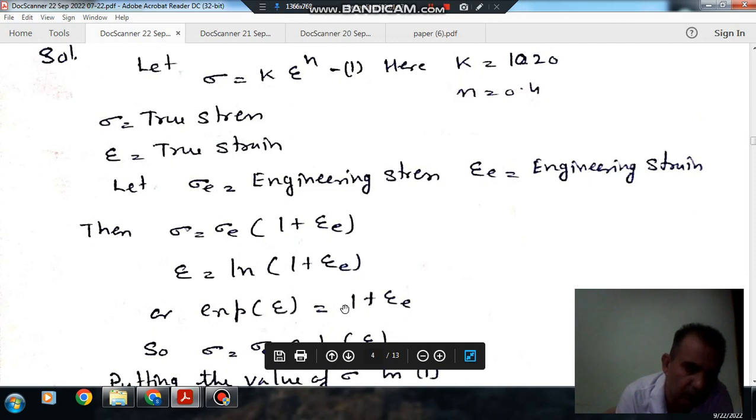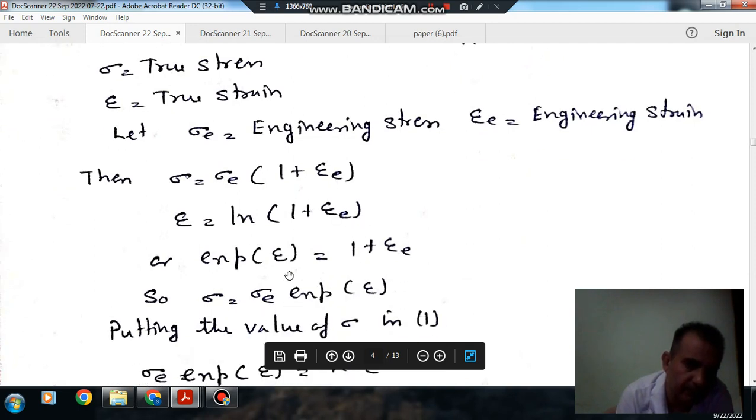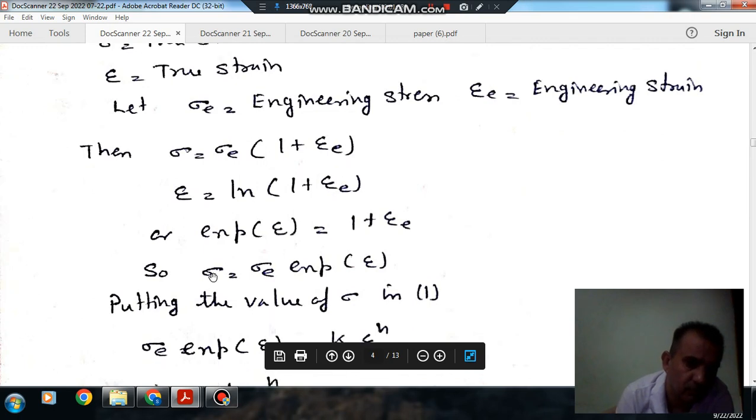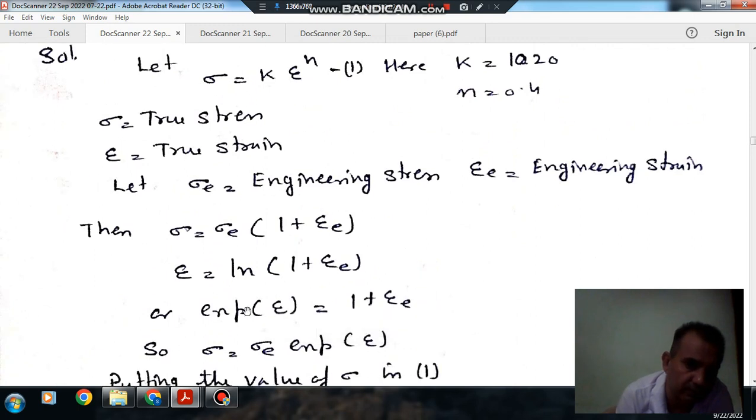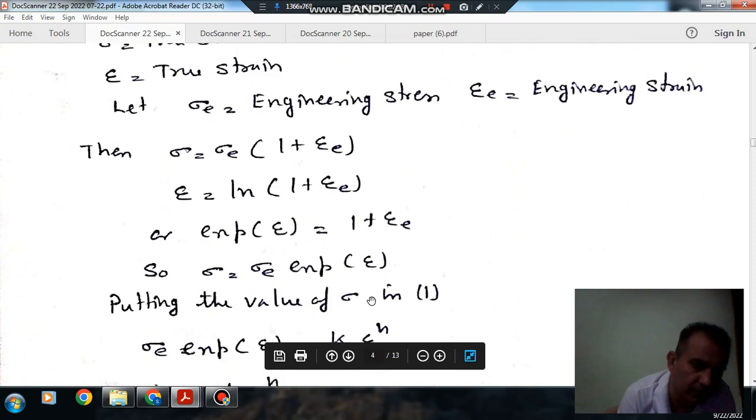So sigma equals sigma e times e raised to epsilon. Now we can put in the value of sigma to derive the relationship between engineering stress and true strain.